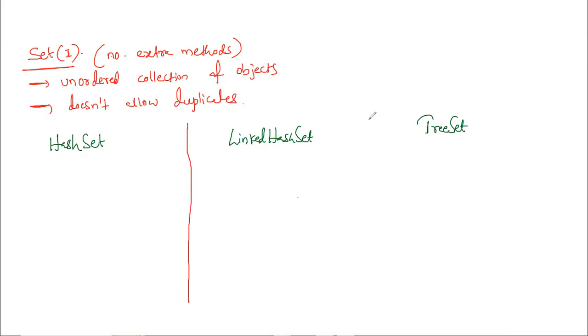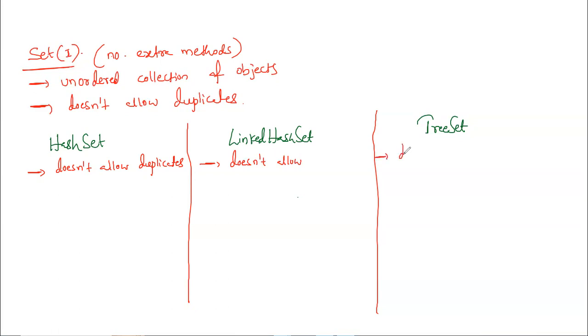When it comes to these three, the Set properties will be applicable. So what is the first one? All these three don't allow duplicates. HashSet doesn't allow duplicates. Even LinkedHashSet also doesn't allow duplicates. And TreeSet also doesn't allow duplicates.